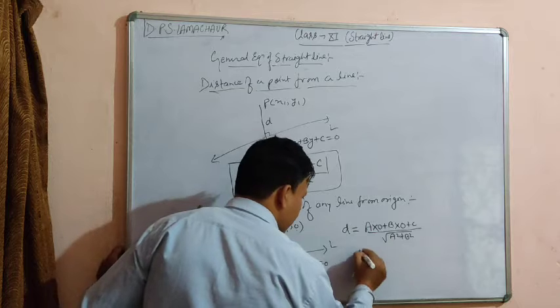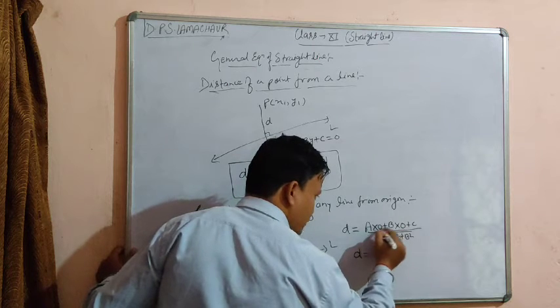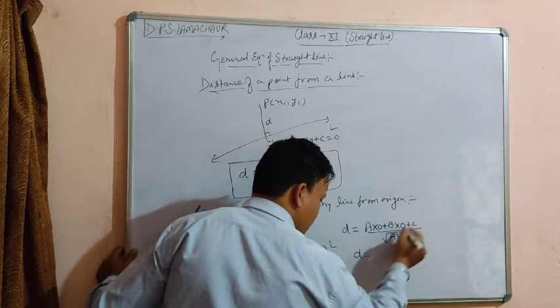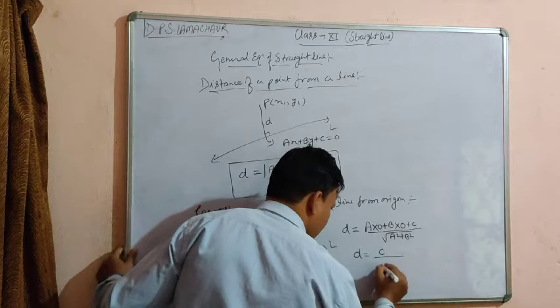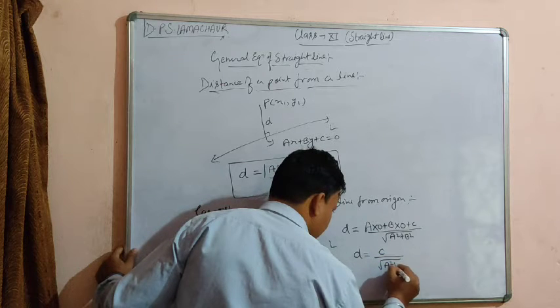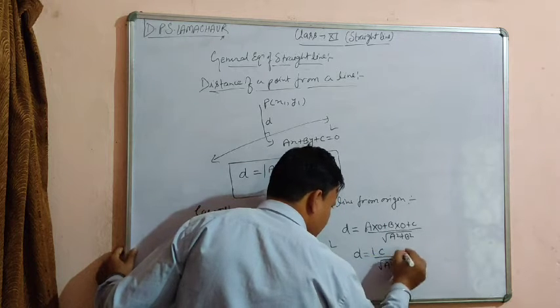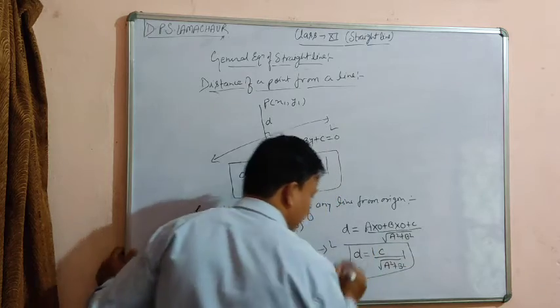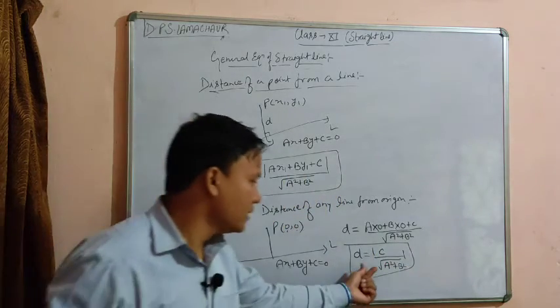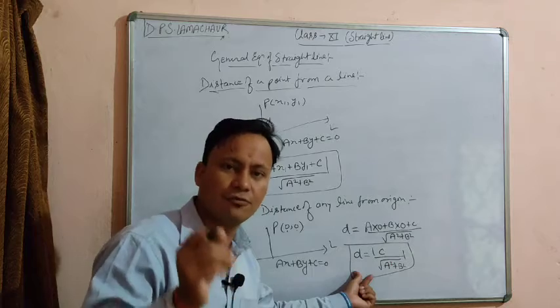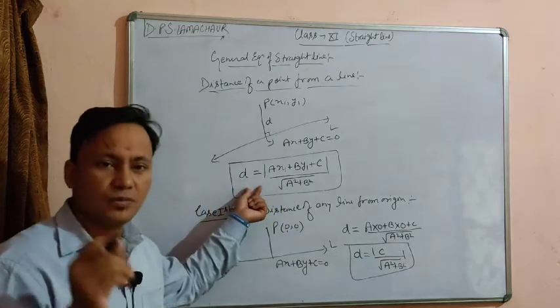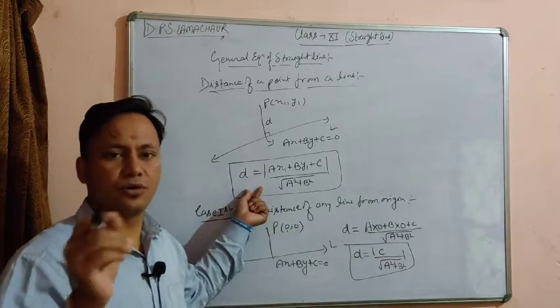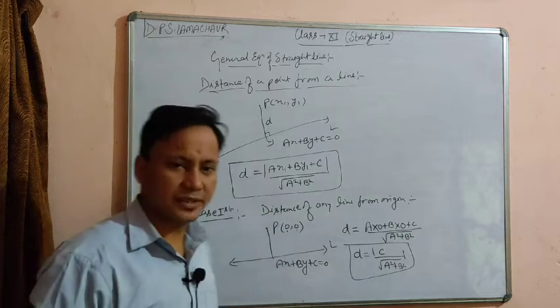This amount will be 0, so the final answer will be c upon root a square plus b square. This is the distance of any line from the origin, and the earlier one is the formula for the distance of any point from any line. Pause the video and take the screenshot.